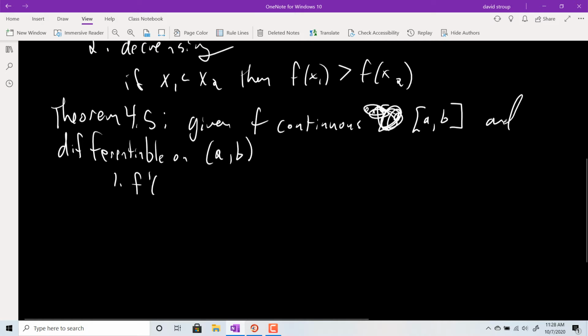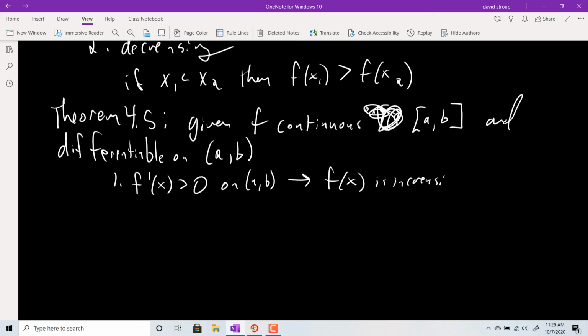So if f prime of x is greater than 0 on a to b, then f of x is increasing on the interval from a to b.